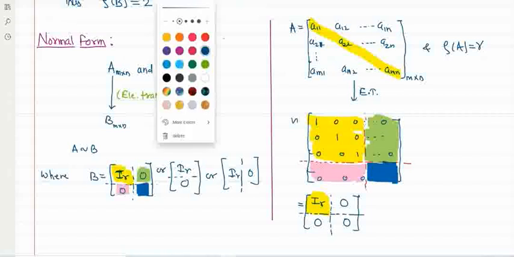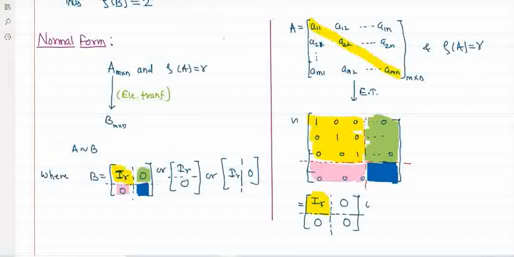It is possible that if the 1s are present up to the last row, the matrix can be written as [I_r 0] with no block matrix below. Or if you get 1s up to the last column, we may write this as [I_r; 0]. So depending on the final matrix, you have to decide the notation.